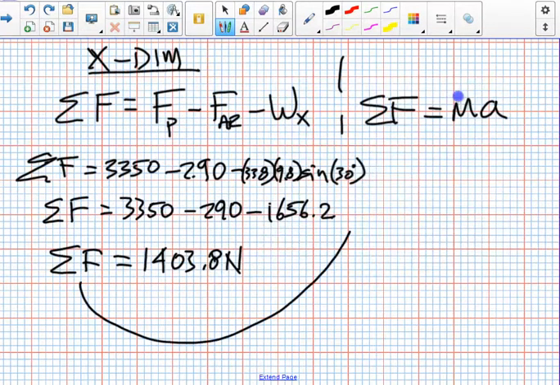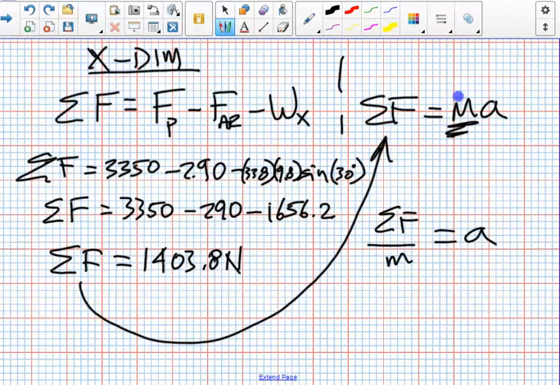And now I can go over to the other way of looking at net force. I can take the net force, use it over here along with the mass of the motorcycle to find the acceleration. So the net force divided by the mass will give me that acceleration.